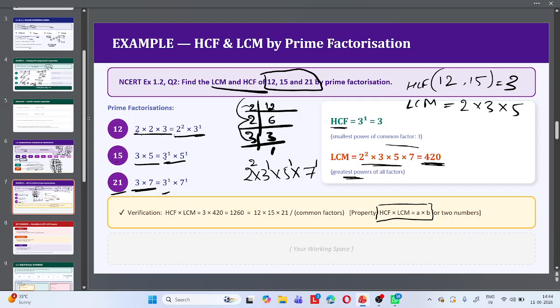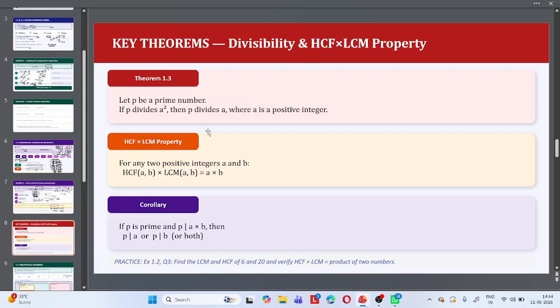Later we consider the highest powers, that is 2 to the power 2, 3 to the power of 1, 5 to the power of 1. By multiplying we get 4 3s are 12, 12 5s are 60. So by applying this property, HCF is 3 and LCM is 60, and their product is equal to the product of those two integers, that is 12 into 15. Here this is 180, this also 180. Understood? This is a property.